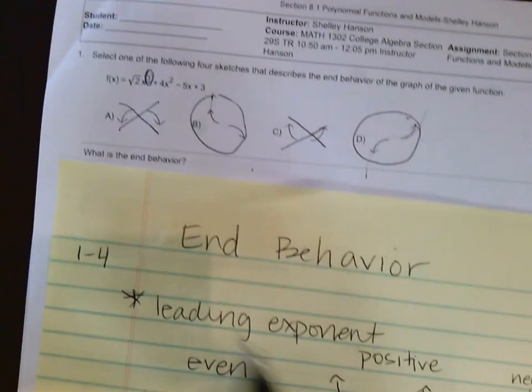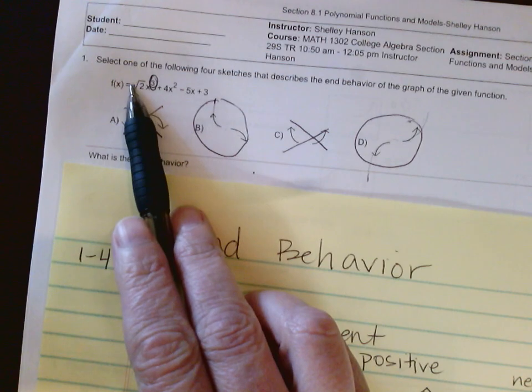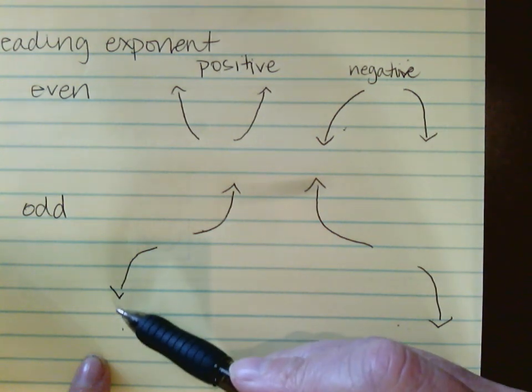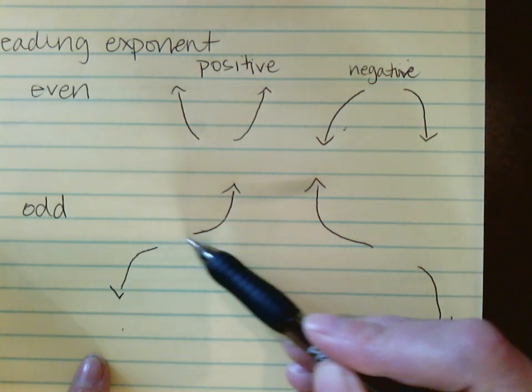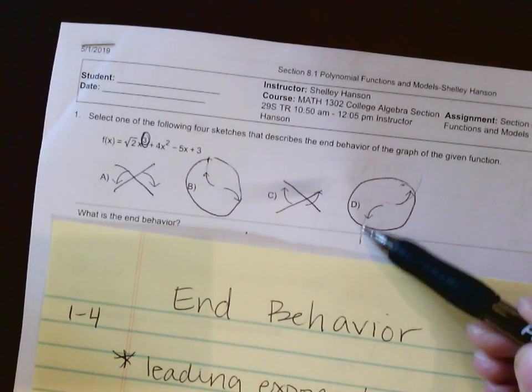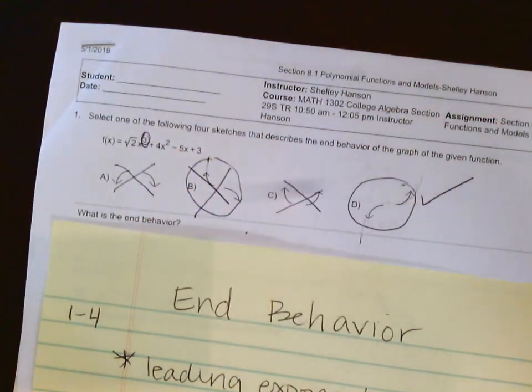If it is positive, like this one, since there's not a negative in front of it, that means your graph is going to be starting from the down position and traveling upwards like this direction, which means it starts down and travels up, which means this one would be D.